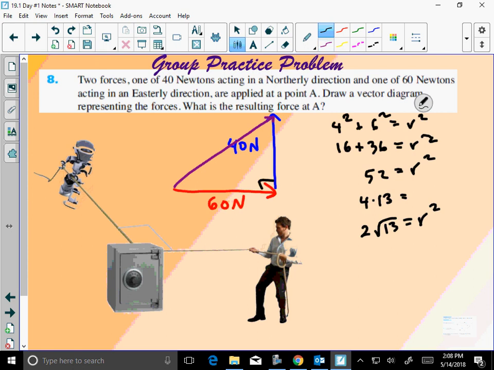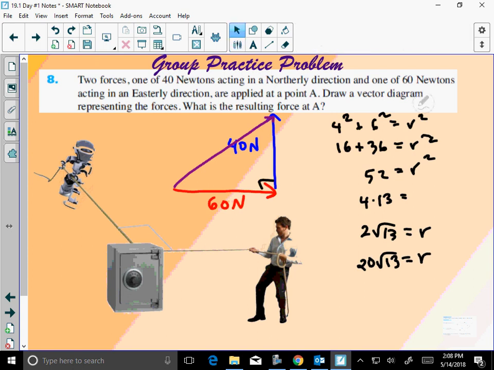But that's not the magnitude of the vector because I dropped the 0. So I'm going to add a 0 on there. And that's the magnitude of our vector. So the amount of force that's placed on this is 20 root 13 newtons in that direction.